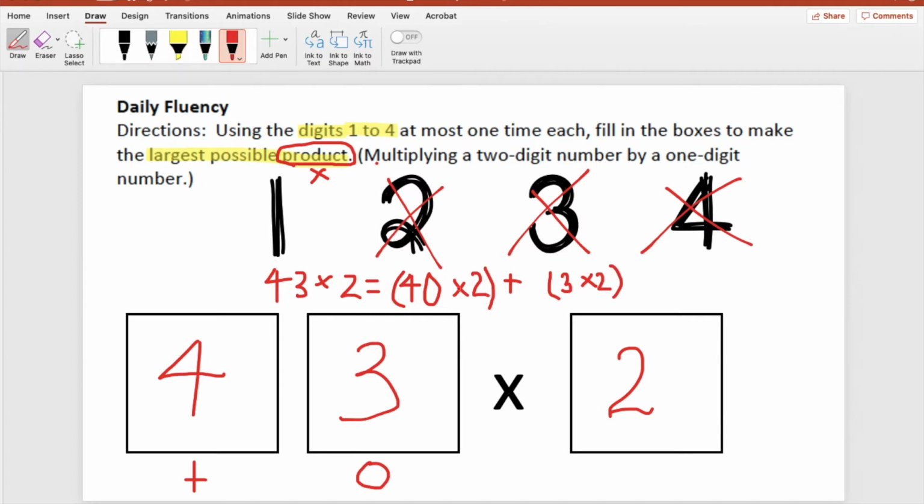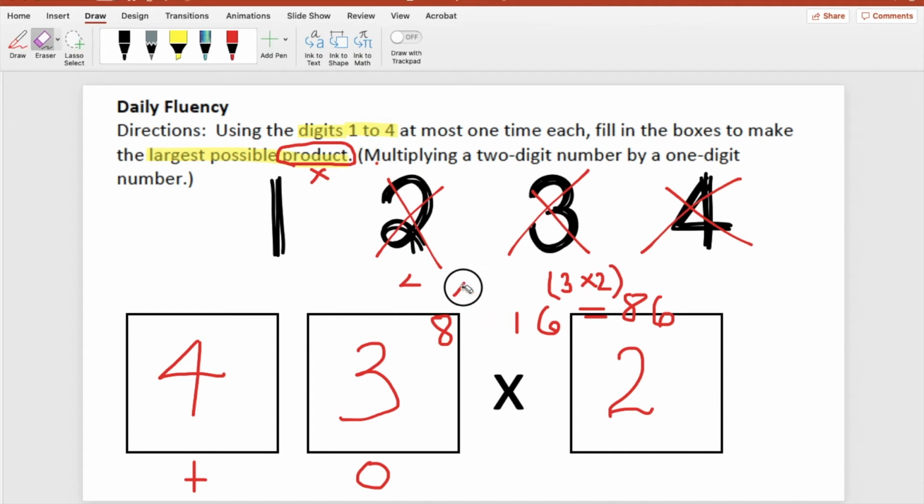I know that 2 times 4 is 8. So I know that 40 times 2 is 80, plus 3 times 2, and that's 6. That gets me 86. So 2 groups of 43 got me 86. I wonder if we can make a bigger number.